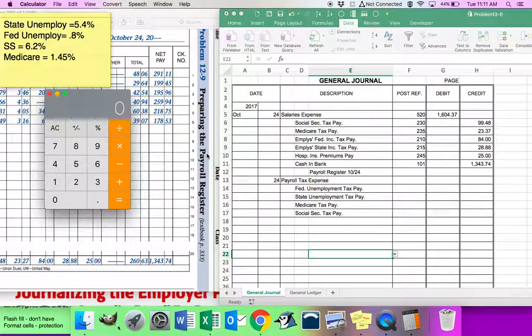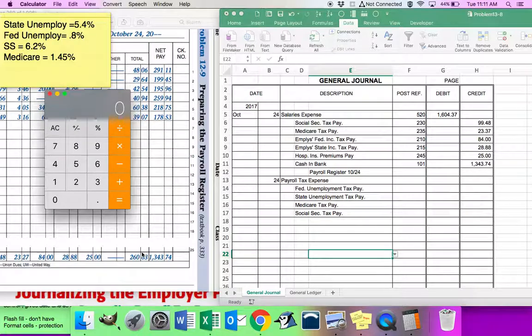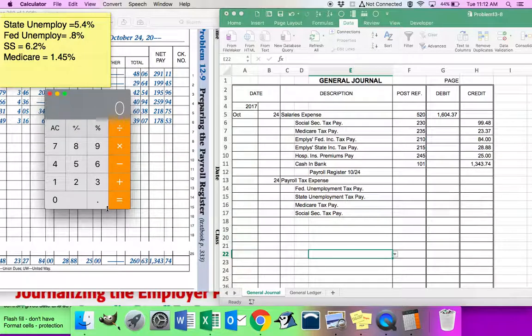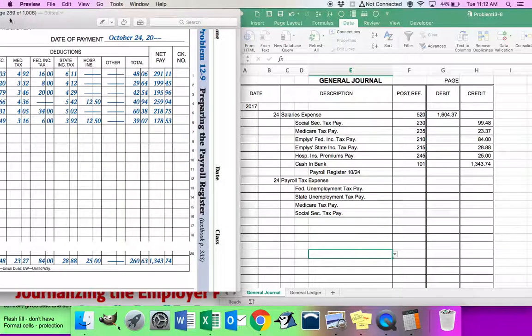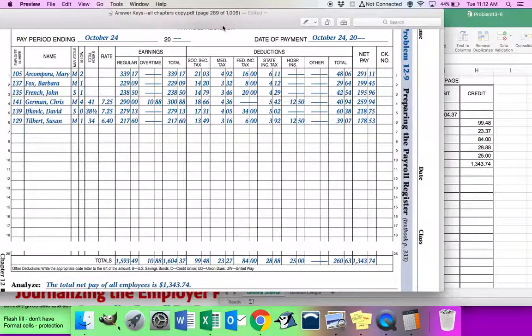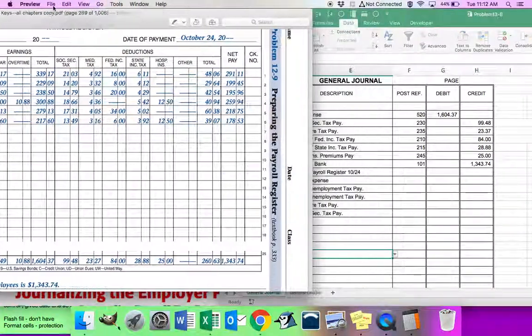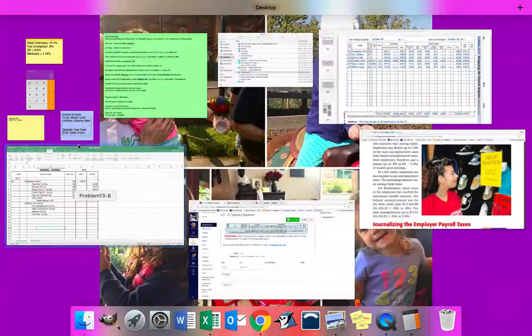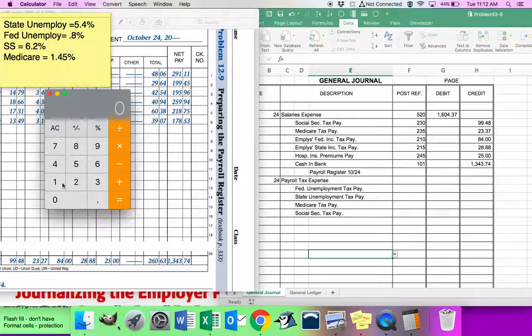Okay, here's my calculator. To find our federal unemployment, we've got to take that gross pay. And that gross pay, if you remember looking at this, is $1,604.37.